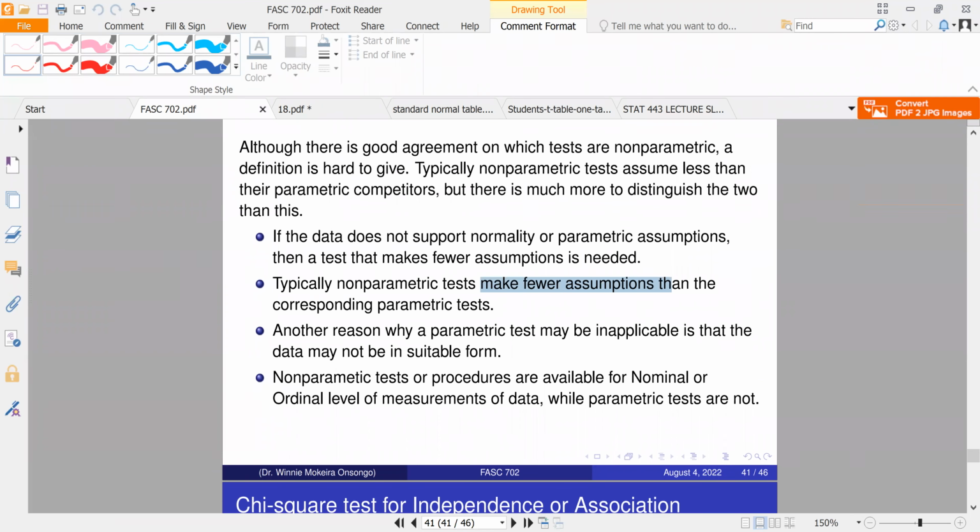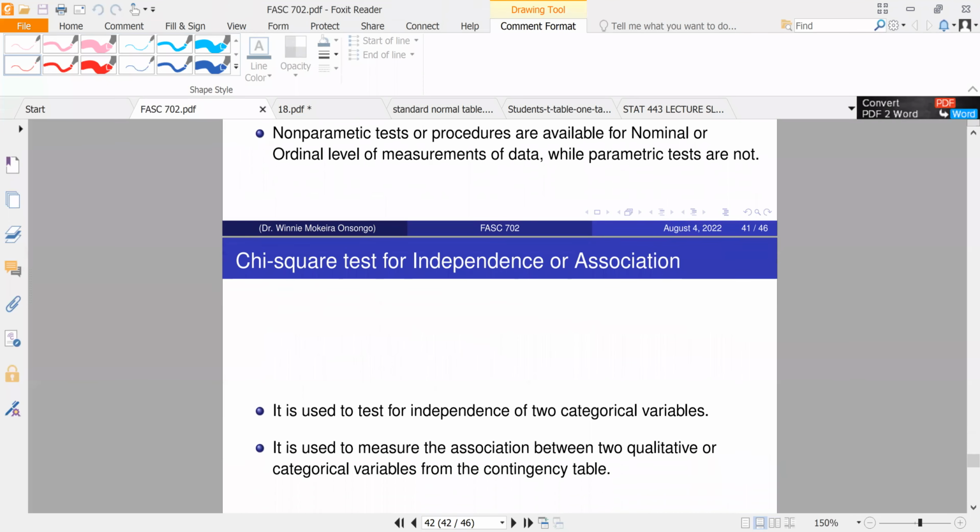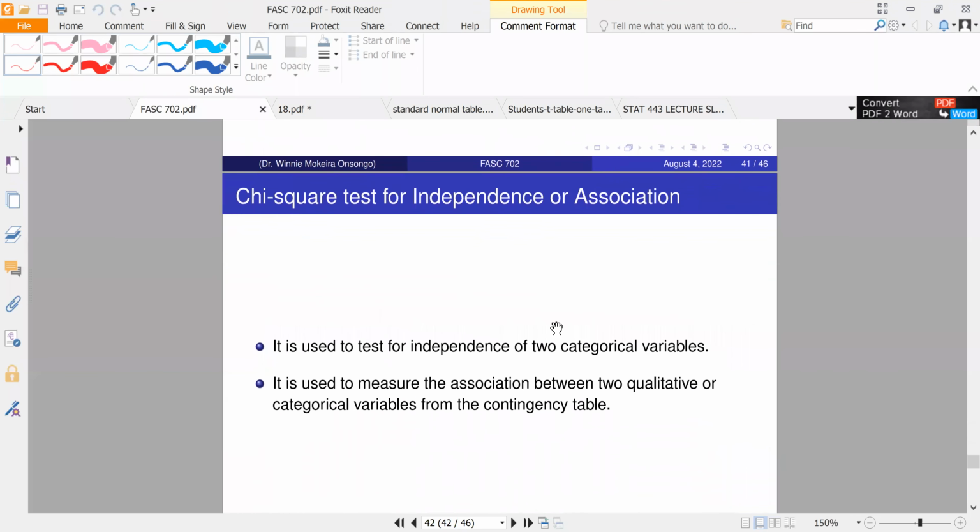Those are the main reasons under which you can use non-parametric tests in your data analysis. So we have a number of non-parametric tests. The first one is the chi-square test for independence or association.